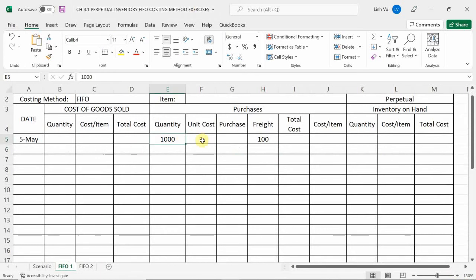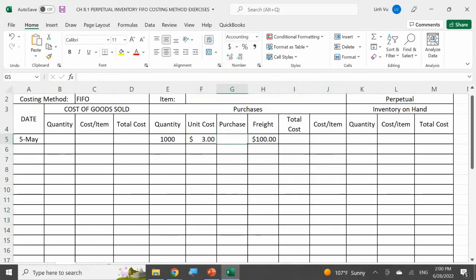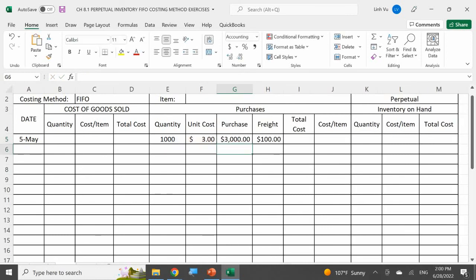So once again, I need to do the same 3 formulas. What's my purchase price? $3,000. You're going to take your quantity of 1,000 times the unit price of $3, which gives you $3,000.